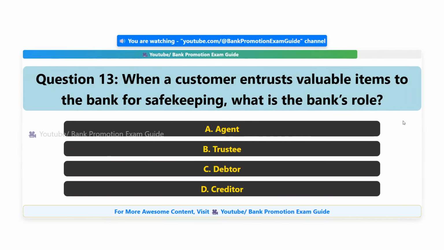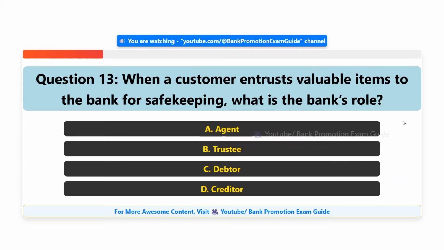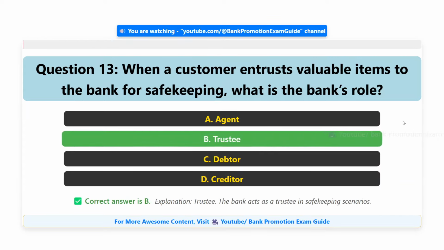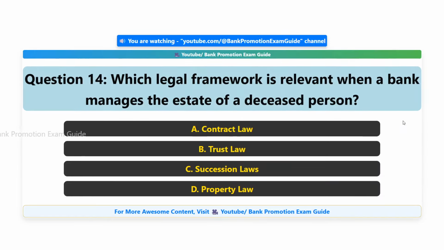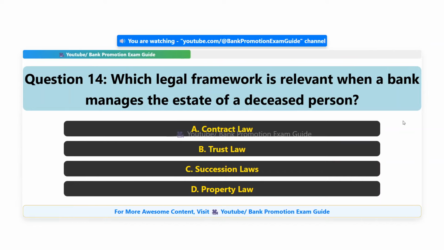Question 13. When a customer entrusts valuable items to the bank for safekeeping, what is the bank's role? Trustee. The bank acts as a trustee in safekeeping scenarios. Question 14. Which legal framework is relevant when a bank manages the estate of a deceased person?